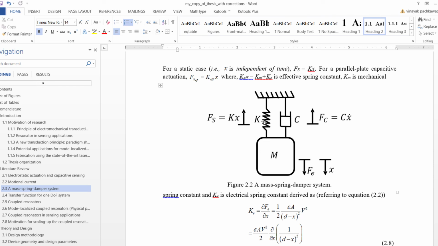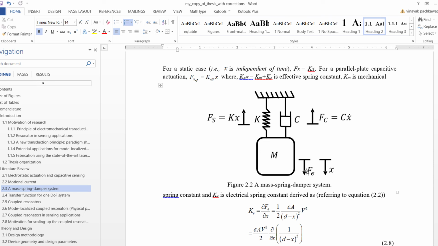Since these are the elements, mass, spring and damper, they are associated with their respective forces. So when the proof mass experiences a force, it could be a mechanical force, or such as in piezoelectric crystals, or it could be electrostatic force indicated by Fe.